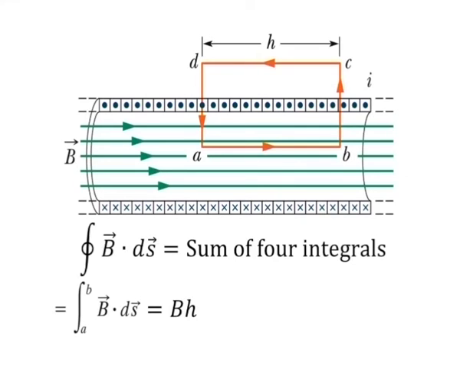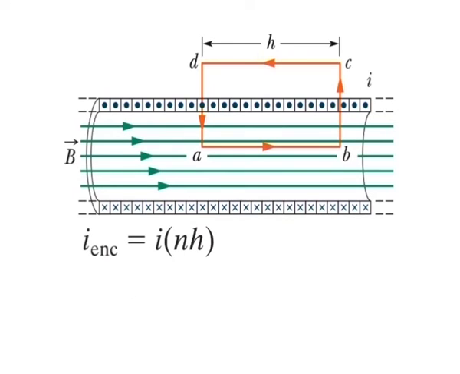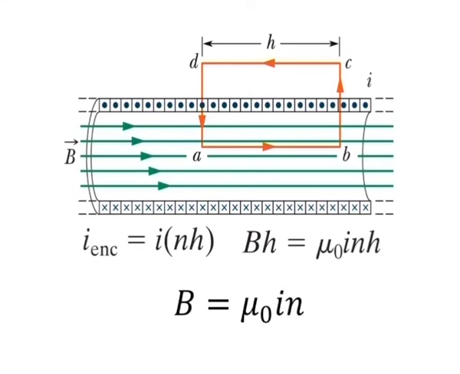Let n be the number of turns per unit length of the solenoid. Then the loop encloses nh turns, and I encircled is equal to I times nh. Ampere's law then gives us Bh is equal to mu 0 times I n h, or B is equal to mu 0 I n.